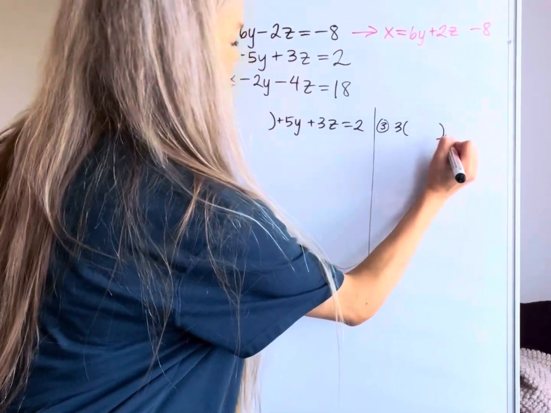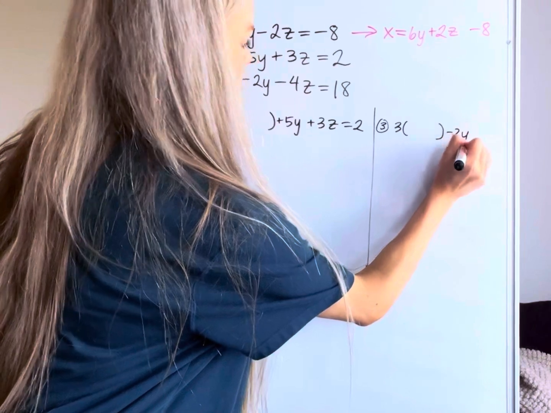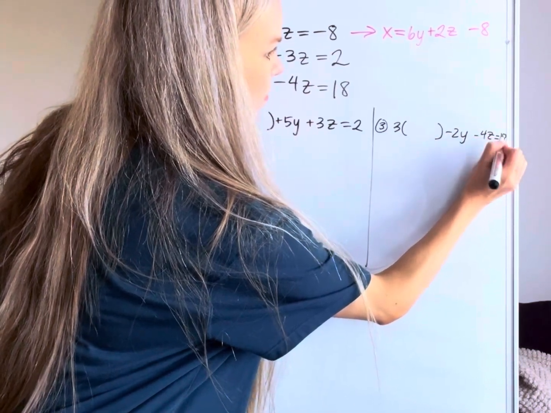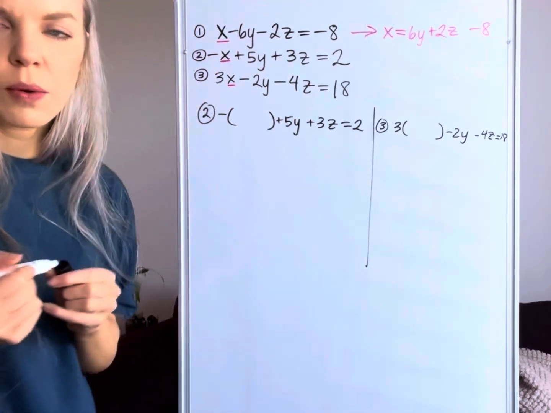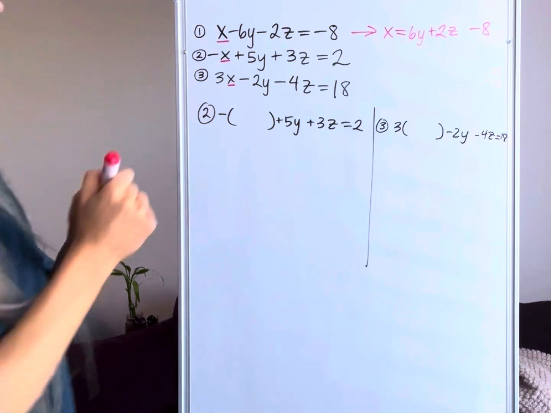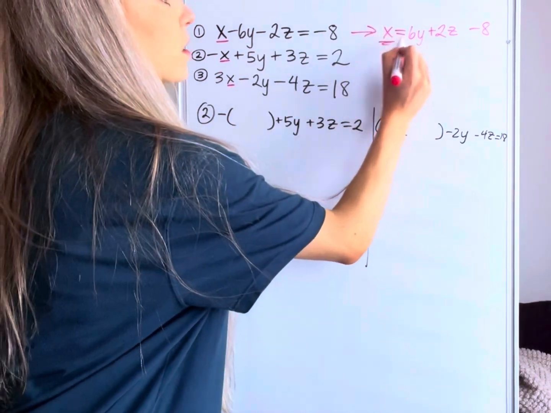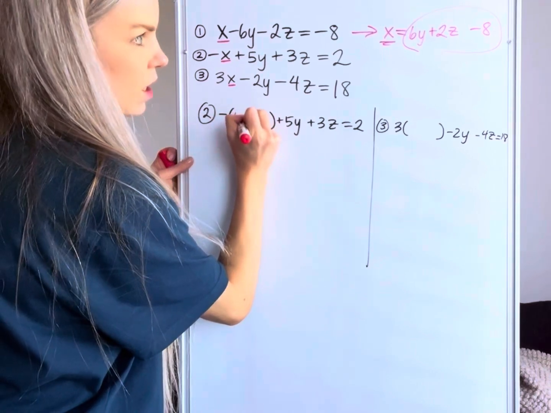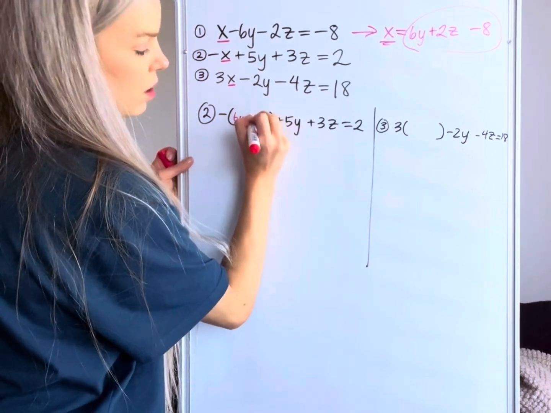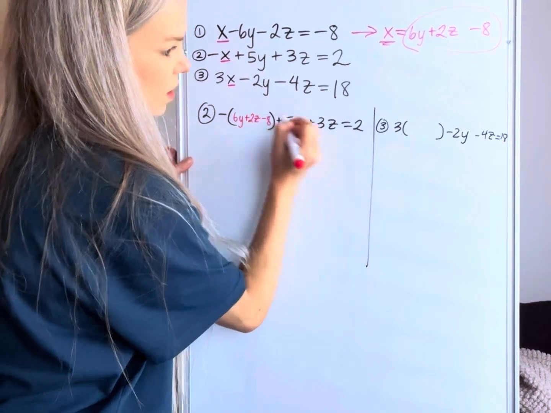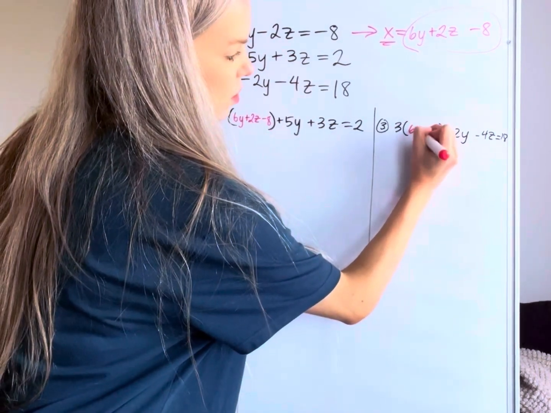I'm going to run out of room. Okay, and so then you're going to fill in the x with the new expression. So I know x is equal to this. So we're going to substitute that expression, 6y plus 2z minus 8, into both equations.